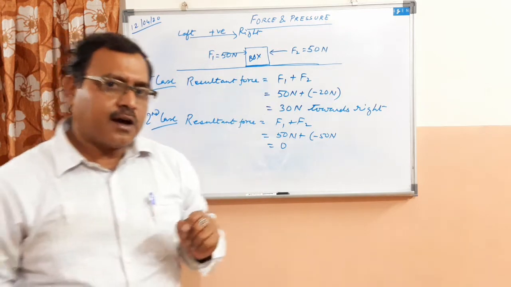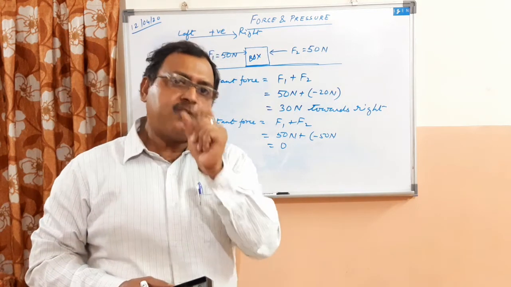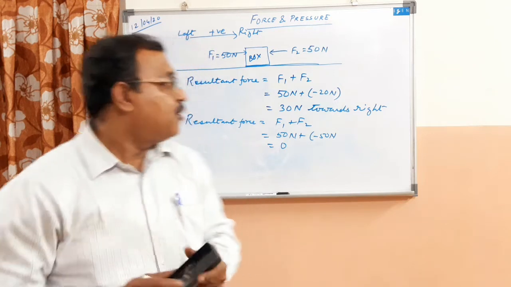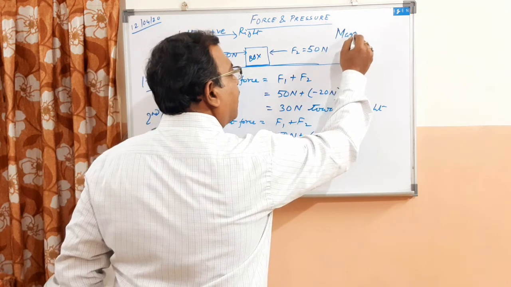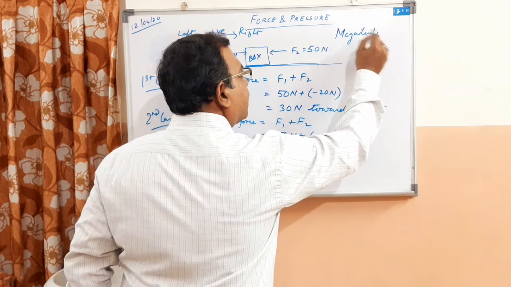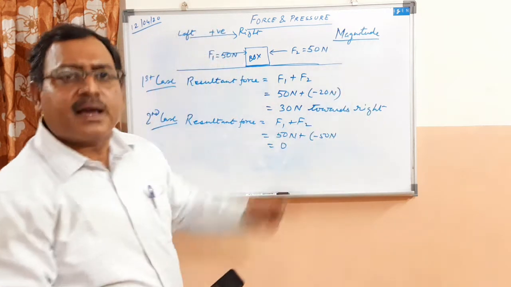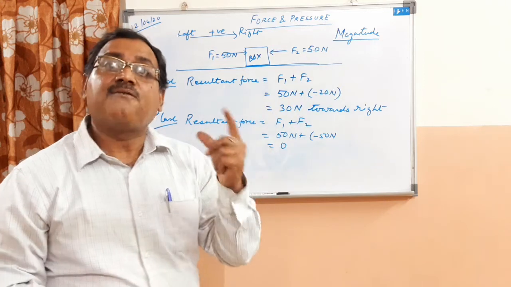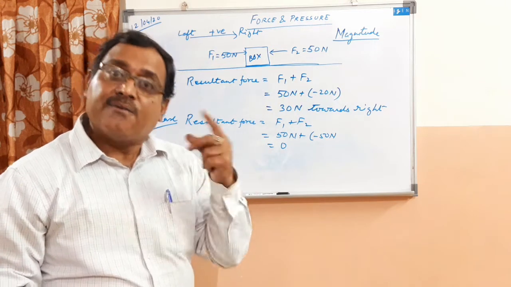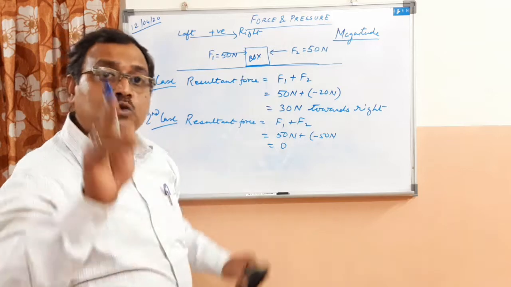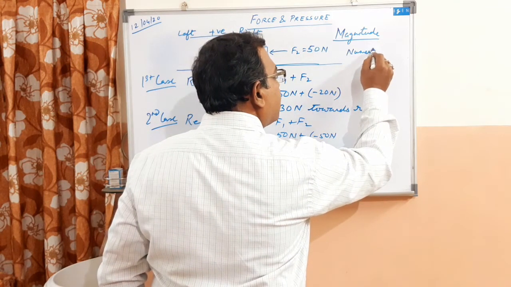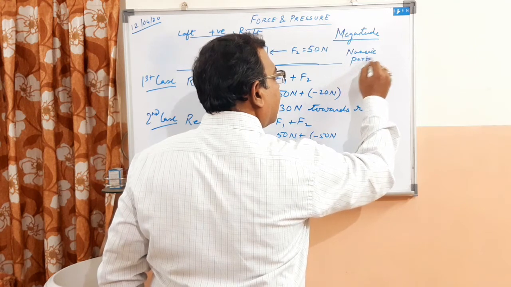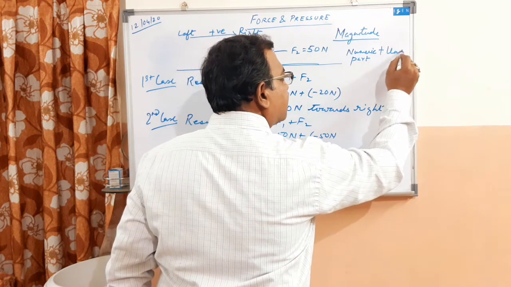Now you must have observed that I have mentioned a new term which is called magnitude. Now what is the meaning of this magnitude? Magnitude means value. Now this magnitude has two parts. One is the numerical part or numeric part. Another is unit.